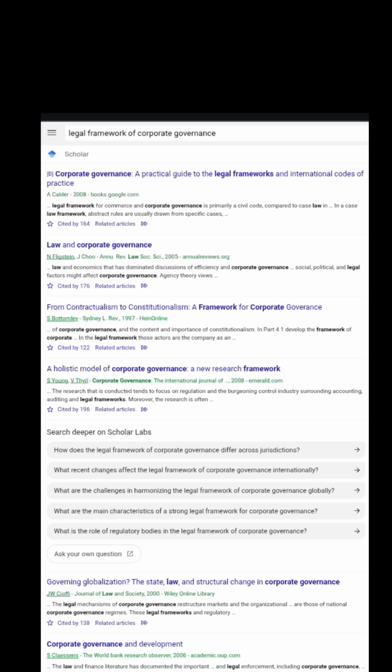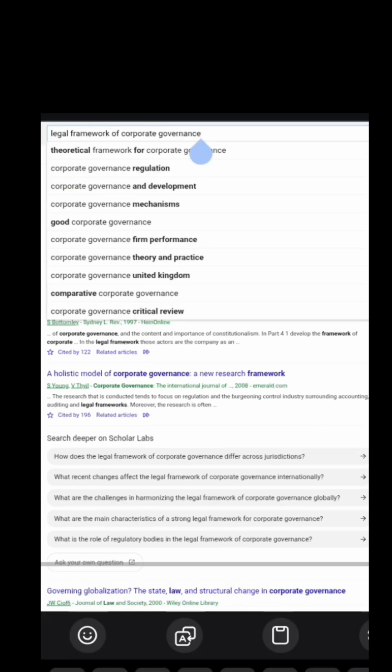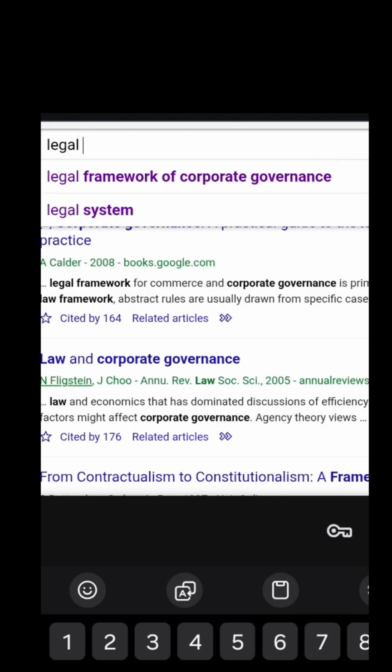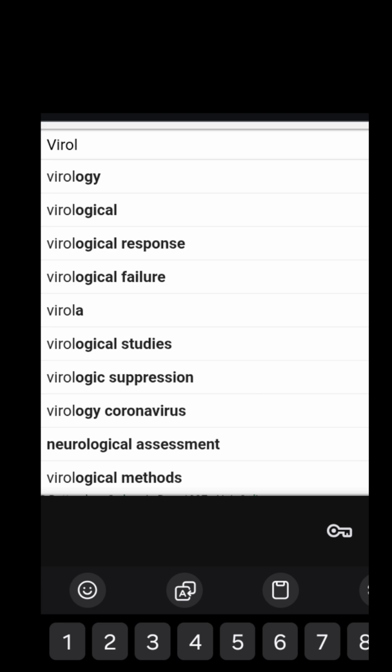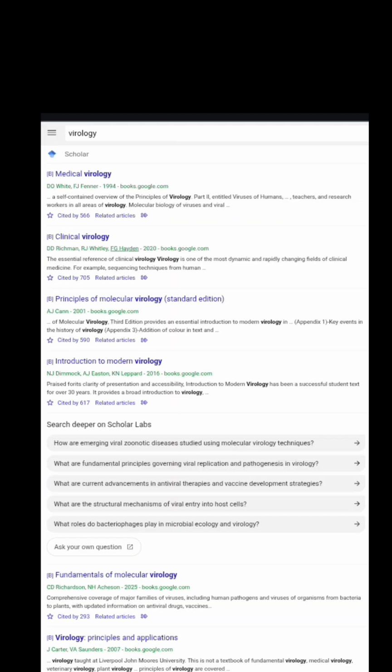It is all encompassing and depending on your topic. Even for biotech students, we have virology. Virology. See?